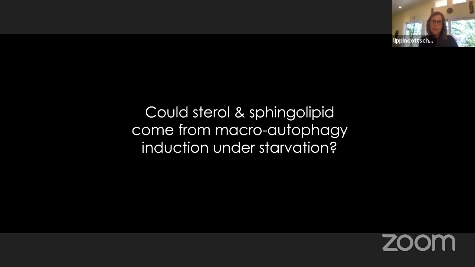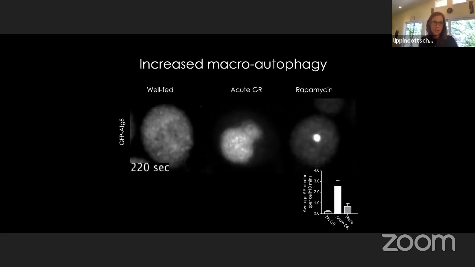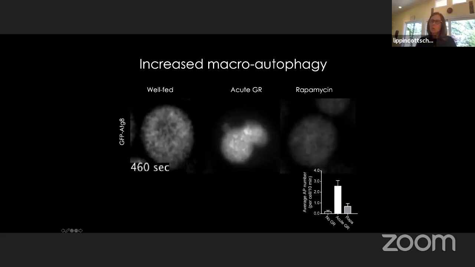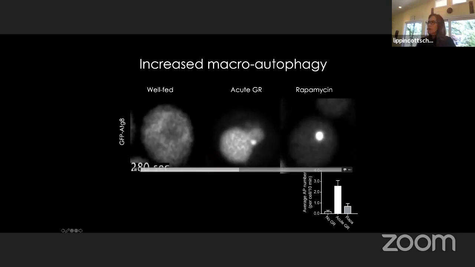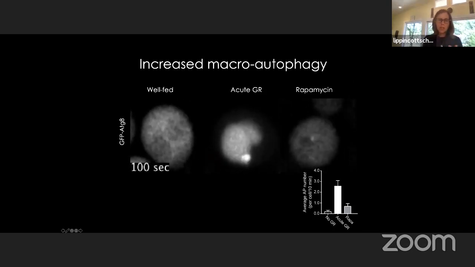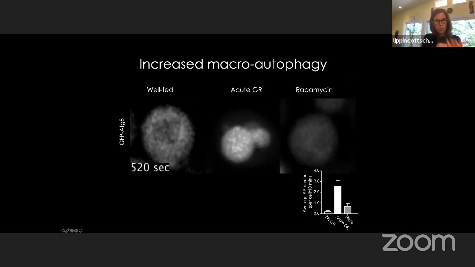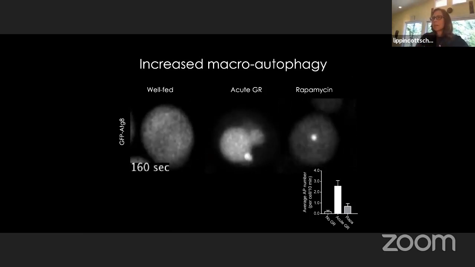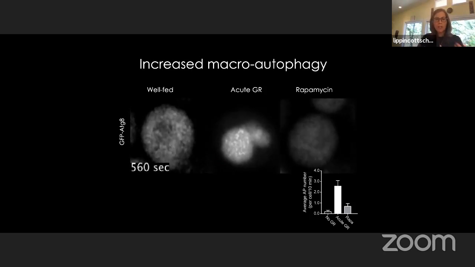So the vacuole is a lysosome in yeast. And what happens under acute glucose restriction, as well as under rapamycin treatment, both conditions that are nutrient stressors within cells, you see increased macroautophagy.